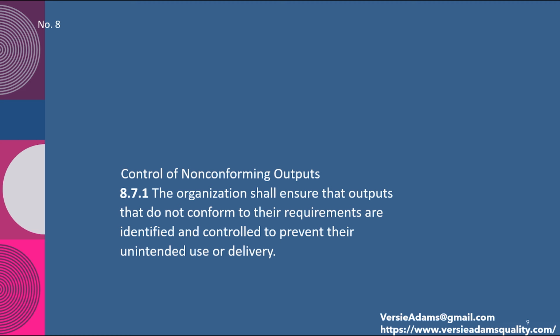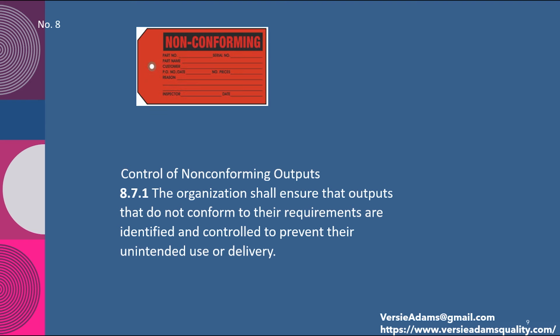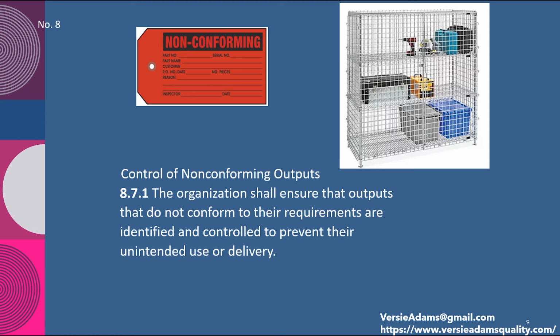8.7.1. The organization shall ensure that outputs that do not conform to their requirements are identified and controlled to prevent their unintended use or delivery. In these examples here, you see a typical non-conforming material label, which you fill out with the information and attach to the product that's non-conforming or to the package that contains the non-conforming parts.